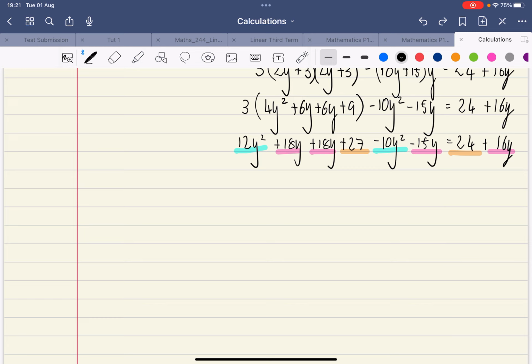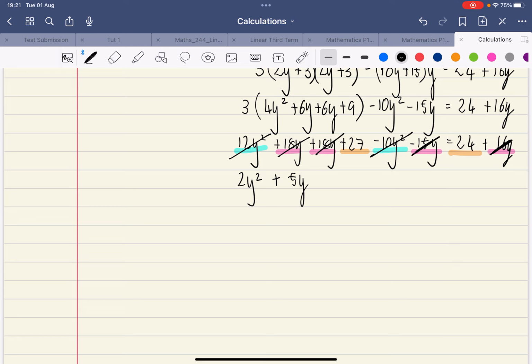So 12y squared minus 10y squared, 2y squared. So we've done these two. 18y plus 18y minus 15y should give us 5y. So we can get rid of the y's. Oh, sorry. Minus 16y. Yeah.